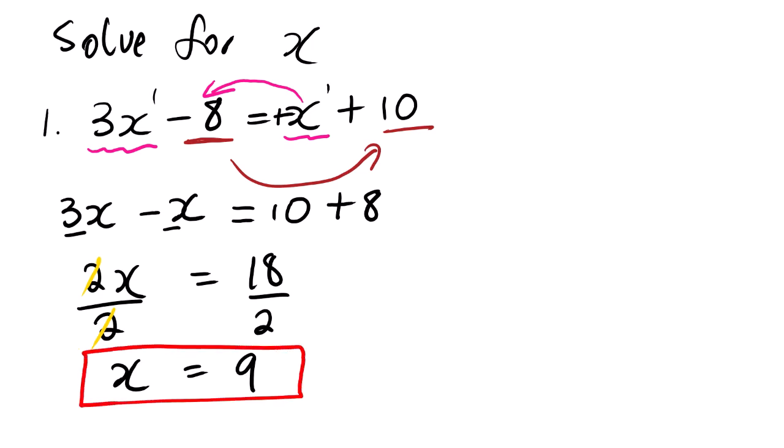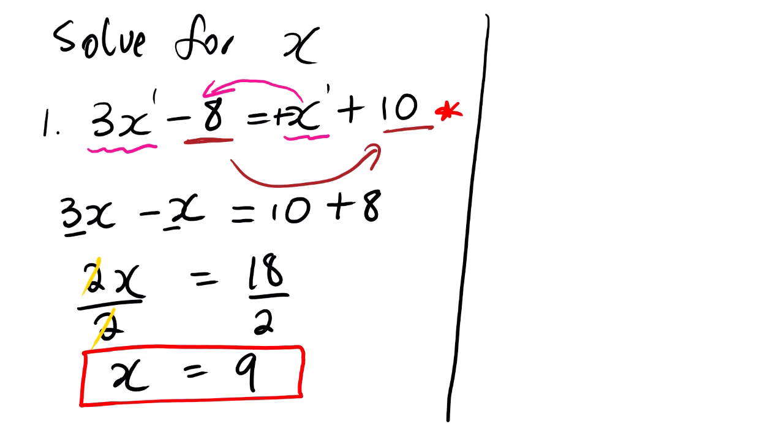Now remember, with solve for x, there are ways in which you can prove whether your solution is correct or incorrect. From the question, where we see x, we substitute our solution. So our solution is 9.